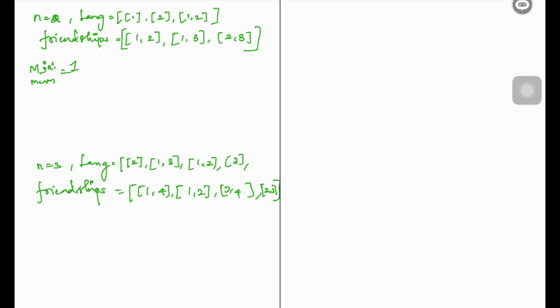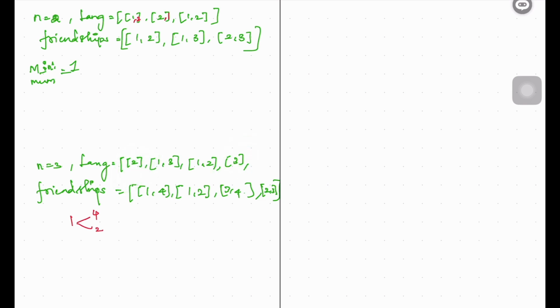So either we can make 1 learn 2 or 2 learn 1 so that both can communicate. Only one language. Got it? Now for the second example, 1 has a friendship with 4 and 2. 1 and 4 don't have any common language, so we need to teach.